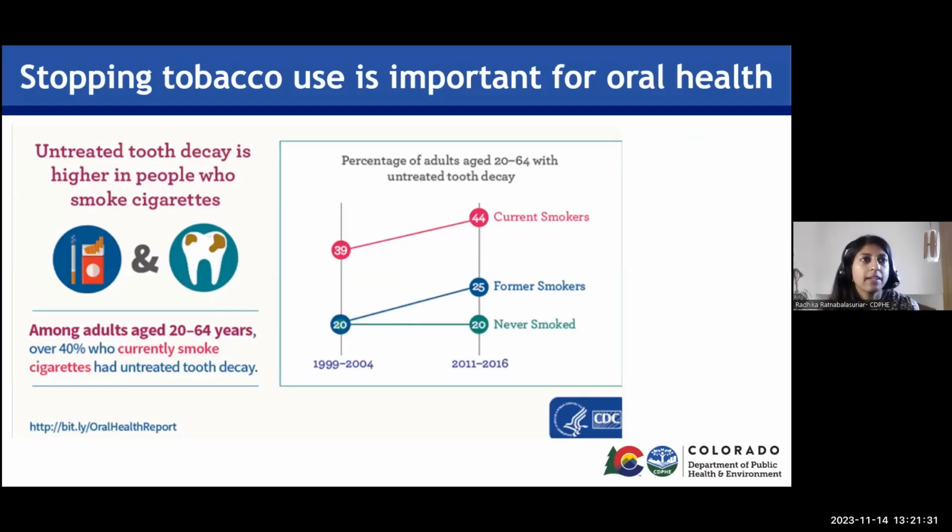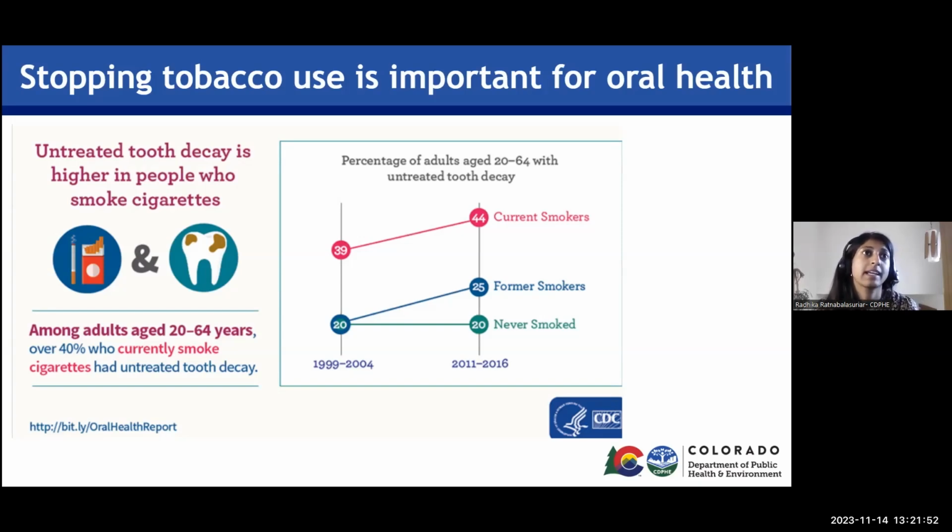And so with cavities, untreated tooth decay can lead to abscesses, which are severe infections under the gum and can spread to other parts of the body and have serious and, in rare cases, fatal results. I'm showing here that stopping tobacco use is an important part of oral health.